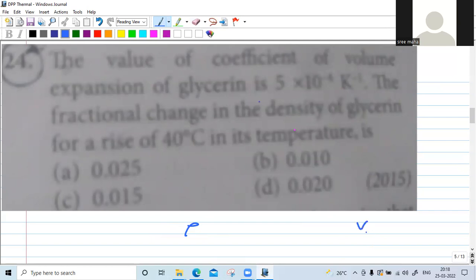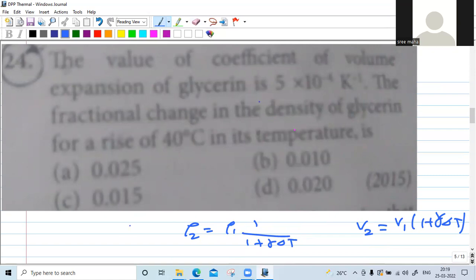Basically you have the volume at higher temperature as V1 into 1 plus gamma delta T. Is this right? Yes, sir. Coefficient of volume expansion, so density will go the other way around. It will be rho 2 equal to rho 1 upon 1 plus gamma delta T. The coefficient of volume expansion is gamma, and gamma is given.